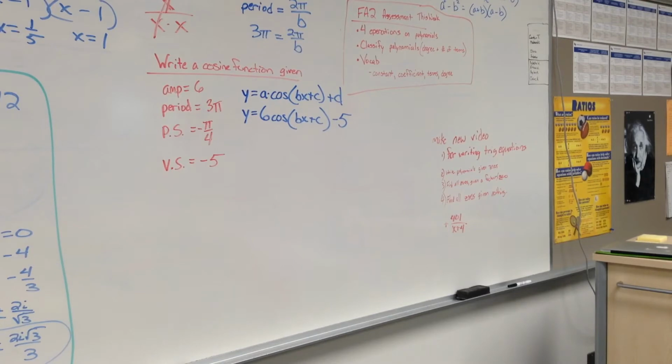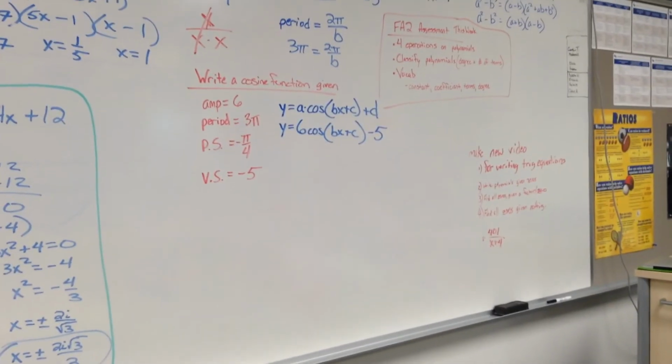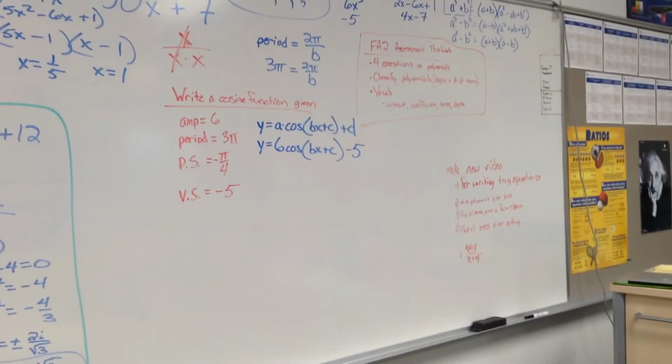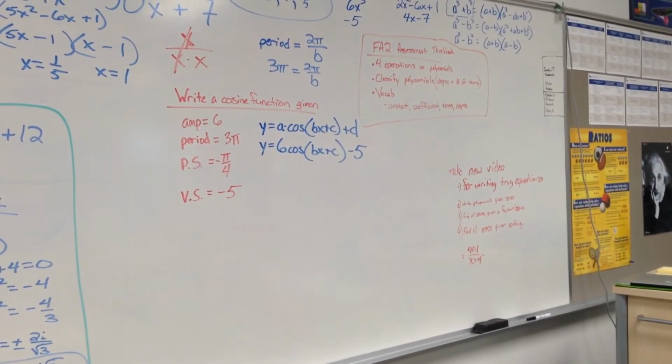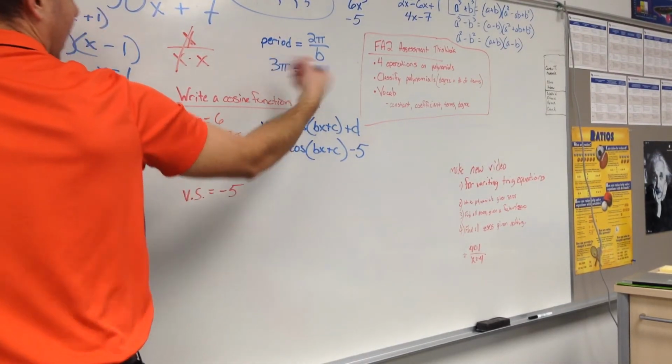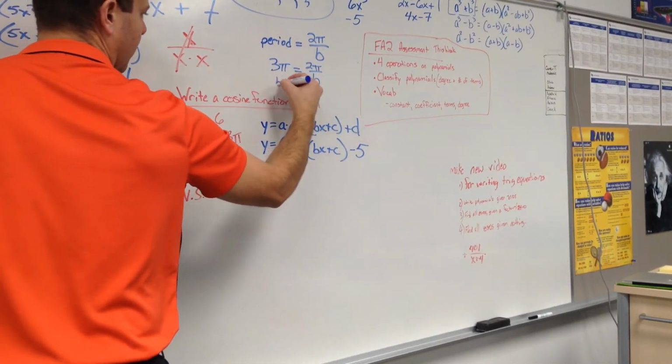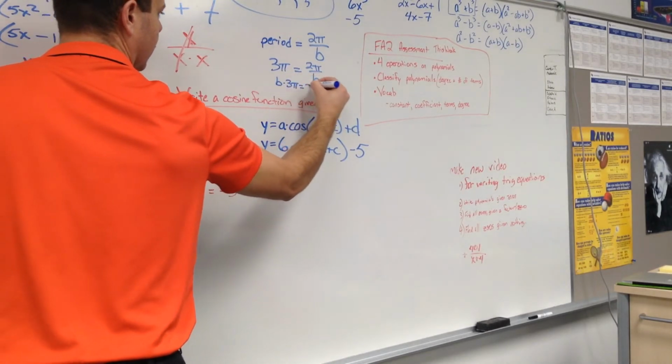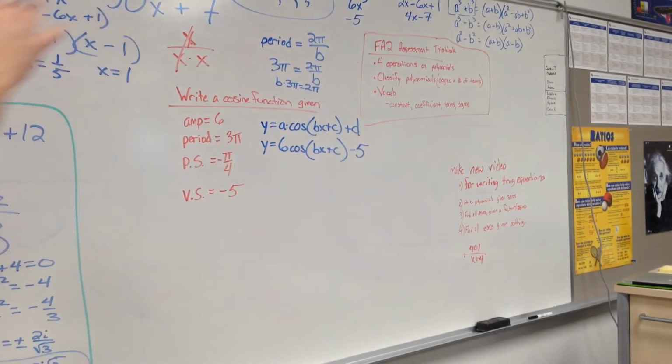We know that 2 pi divided by b has to equal 3 pi. I'd multiply both sides by b, so that would give me b times 3 pi equals 2 pi. Divide both sides by 3 pi, and you get b equals 2/3.